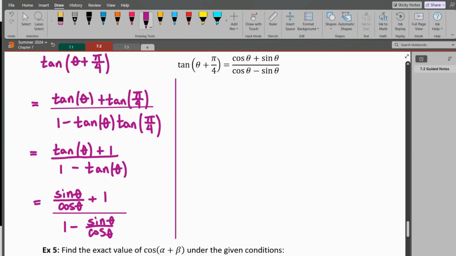Let's say equals here. Again, let's focus in on the denominator. I want a cosine right here, and I currently have a 1 there. So why don't I just try and see if it helps? I'll multiply the numerator and denominator by cosine theta.